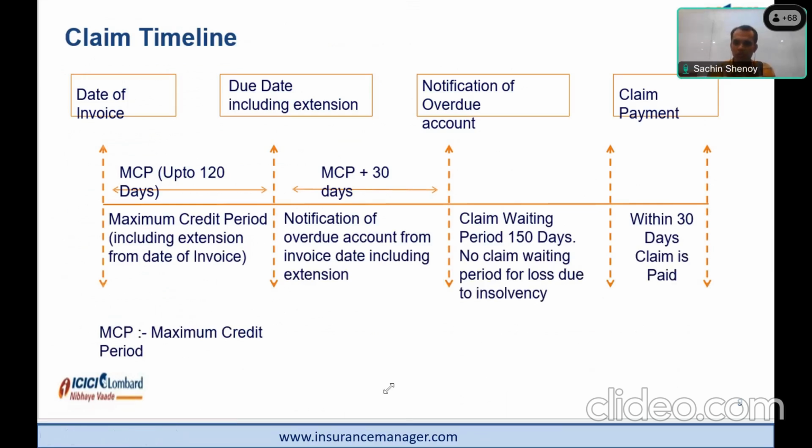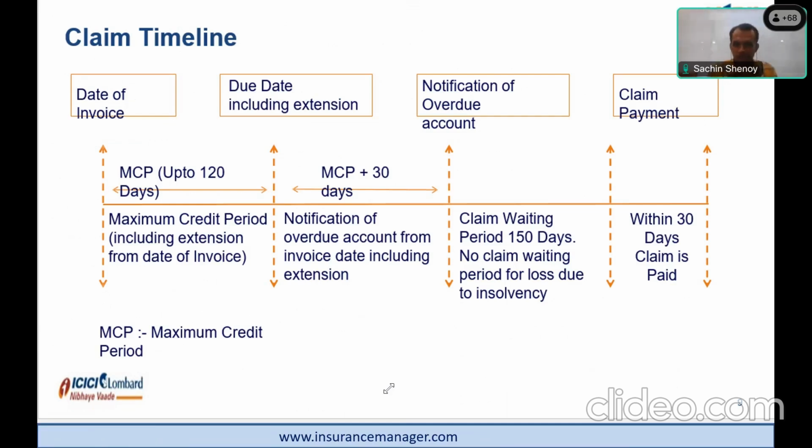So what happens in this 150 days waiting period? The insurance company has an in-house debt recovery team. Just to add here, we work with multiple reinsurers, and these reinsurers are present in your respective buyer's home country. So they have the capability to approach the buyers locally and try to recover that money.